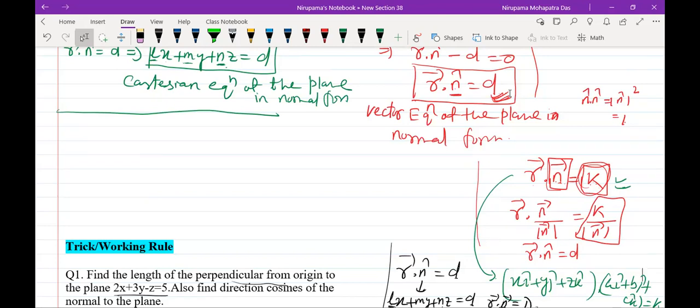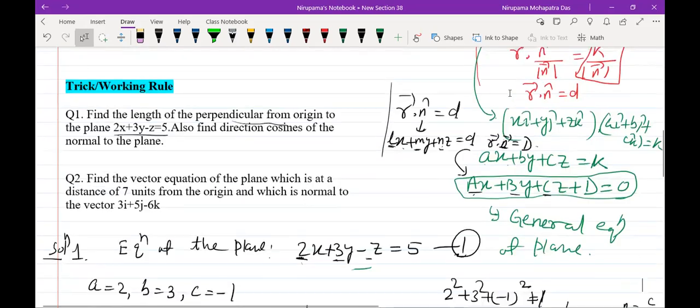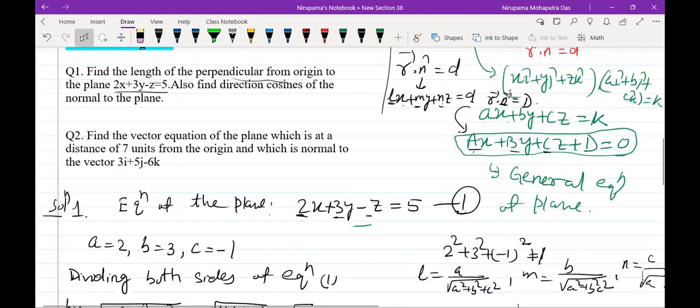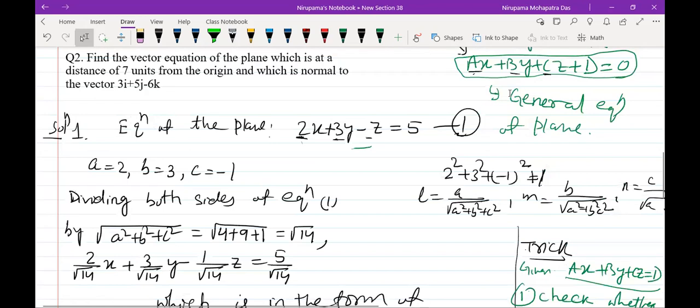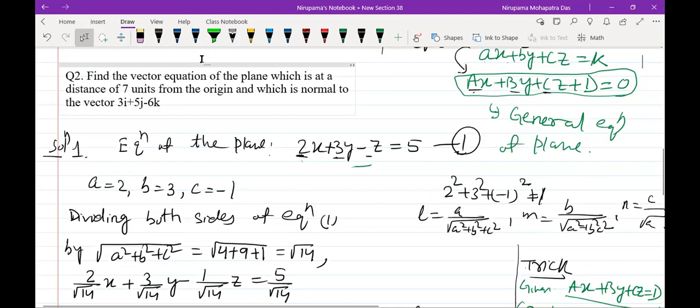In case you are given Cartesian form, you can do like this. 99% of cases you will not be given in r dot n cap or the other form, Lx plus My plus Nz equal to D. So you have to reduce this to that proper format.